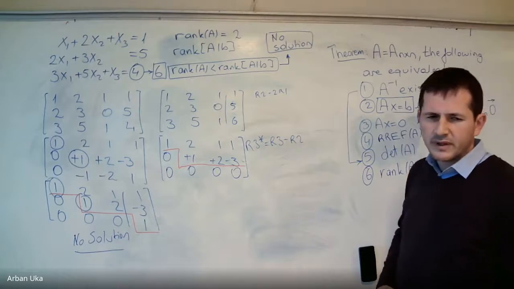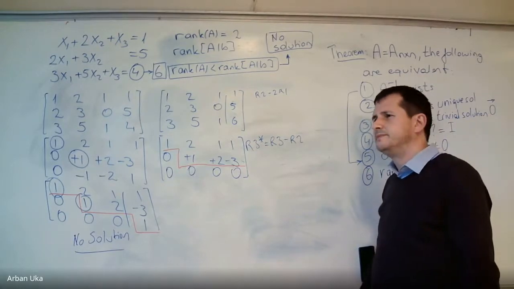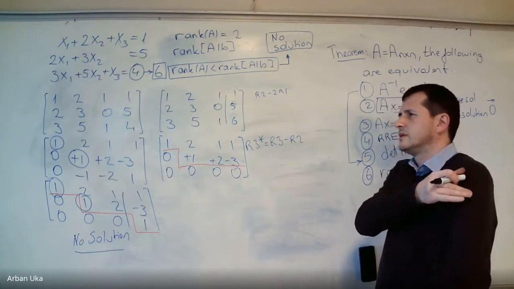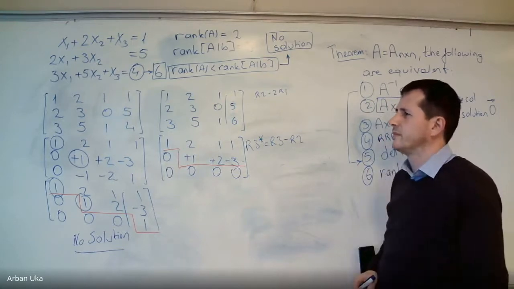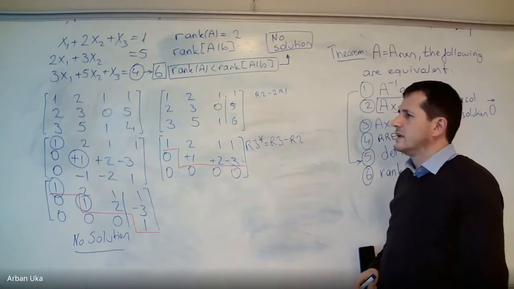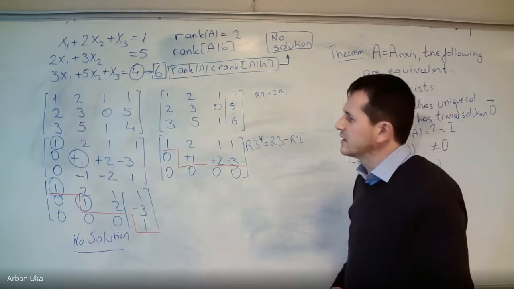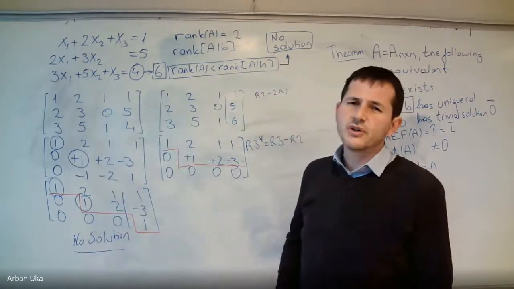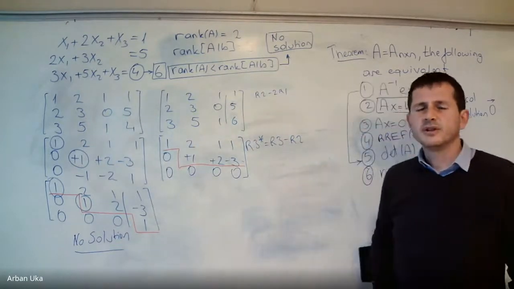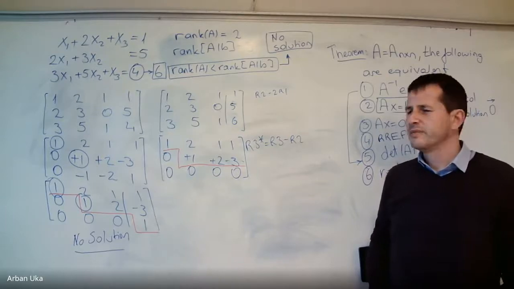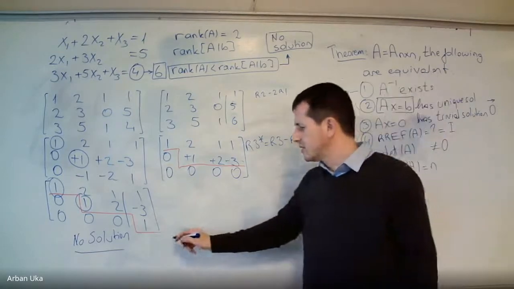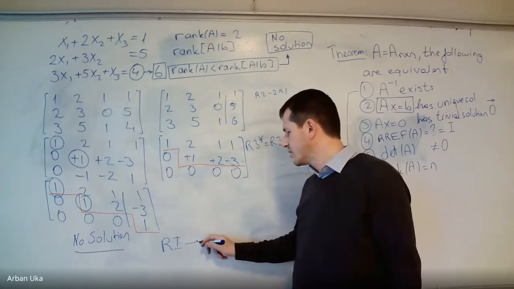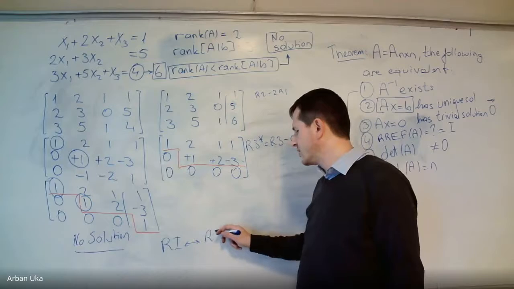And by the way, wait, let me think. What we can say is that as we are doing elementary row operations on a matrix, the determinant is not going to change. In fact, the only change that happens on the determinant is when we exchange row i with row j.